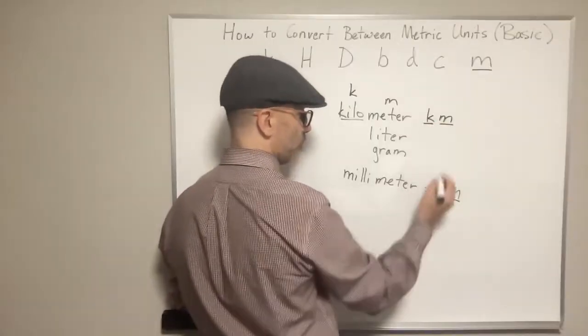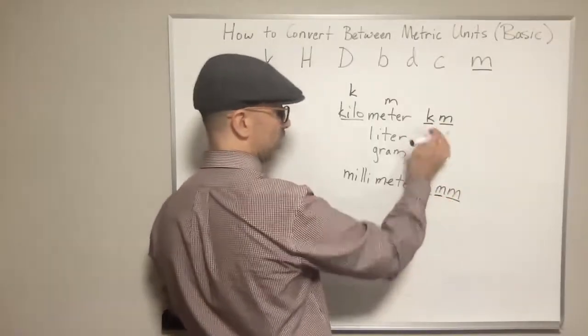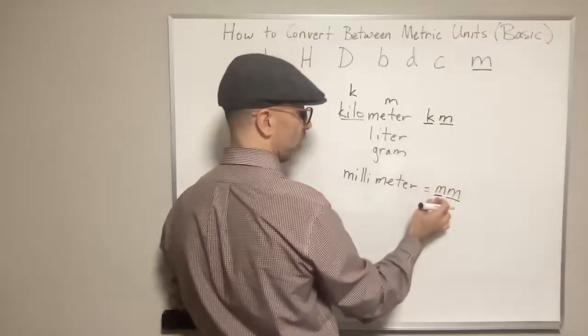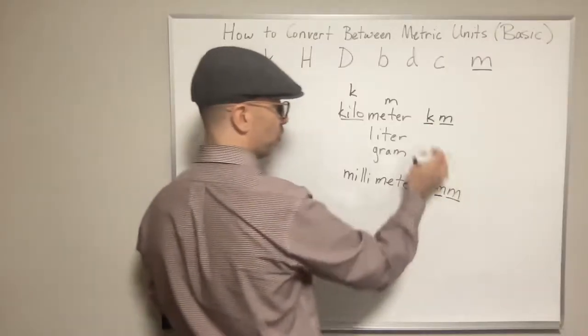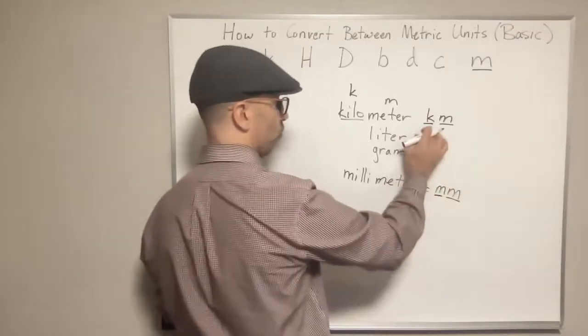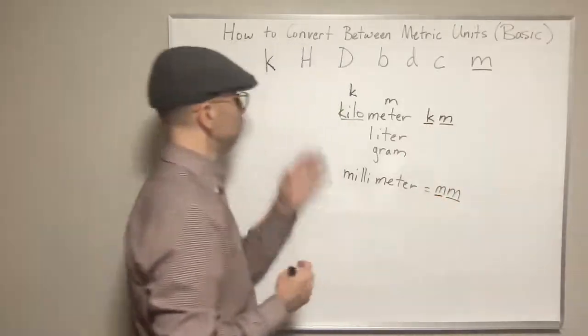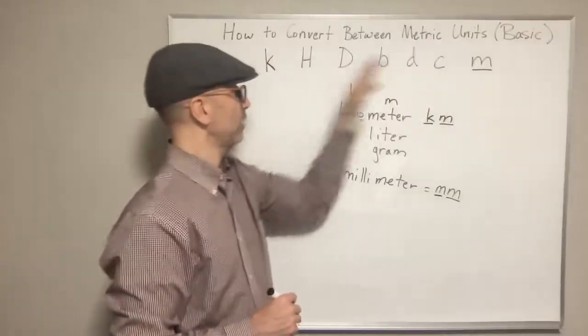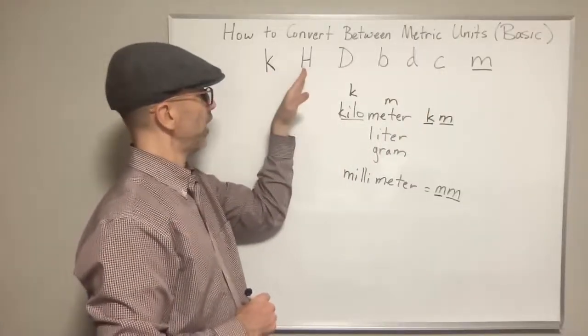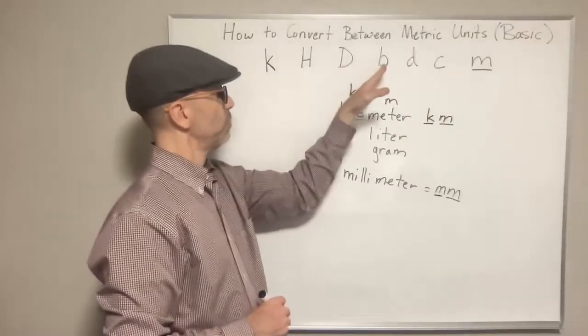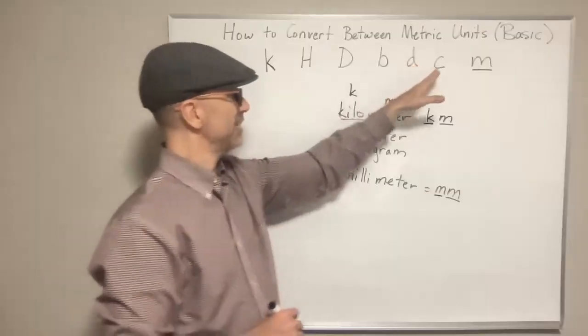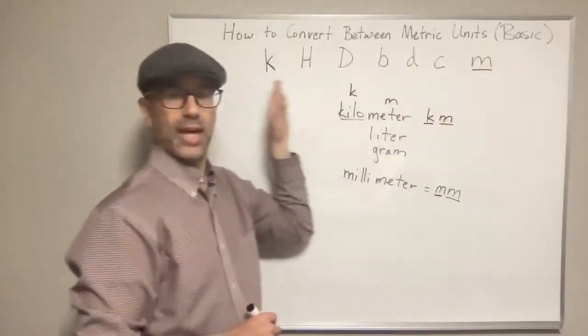The first letter is your abbreviated prefix. Small k for kilo, small m for milli. So you have to know the names: kilo, hecto, deca, base, deci, centi, milli, and then know the order.